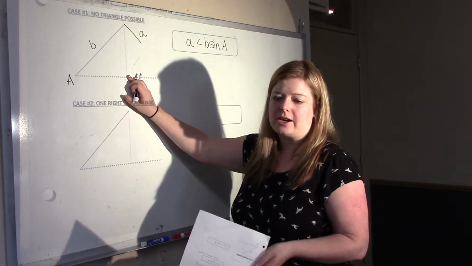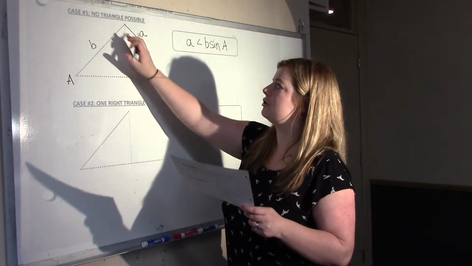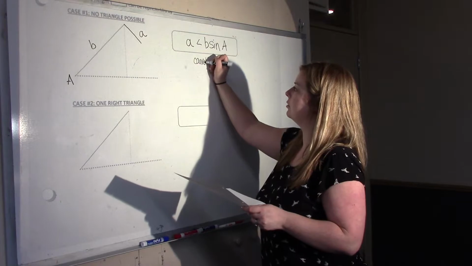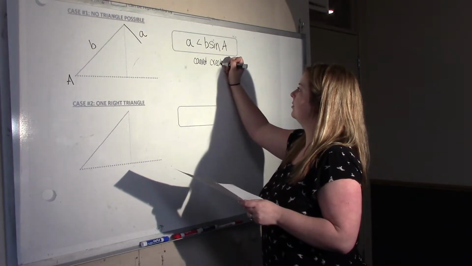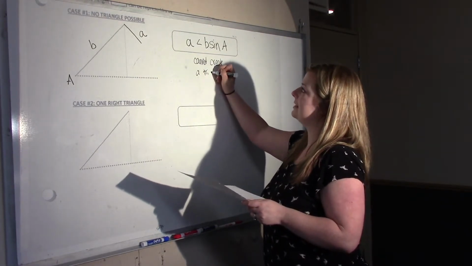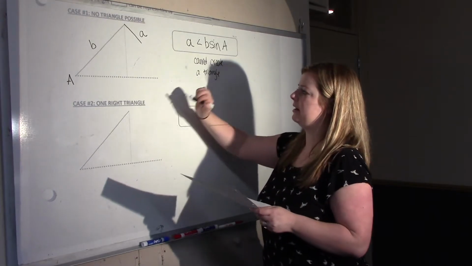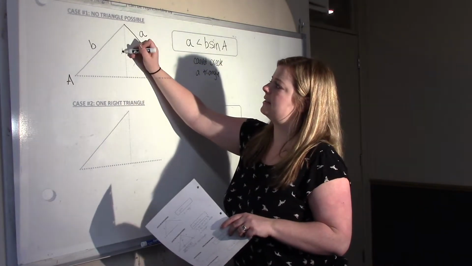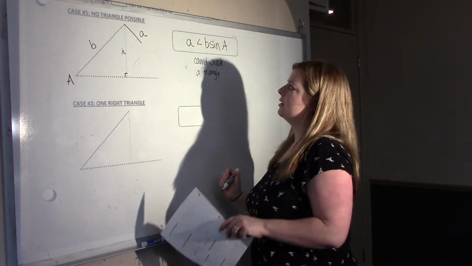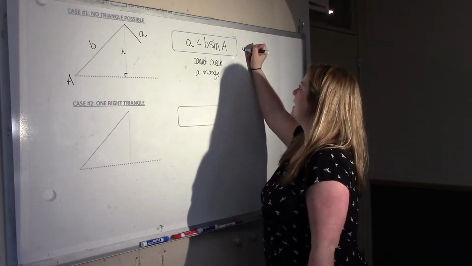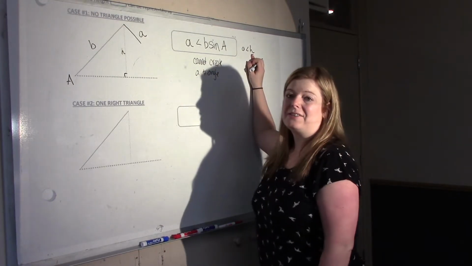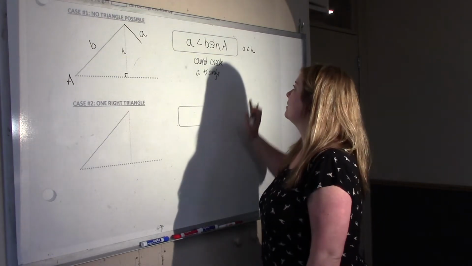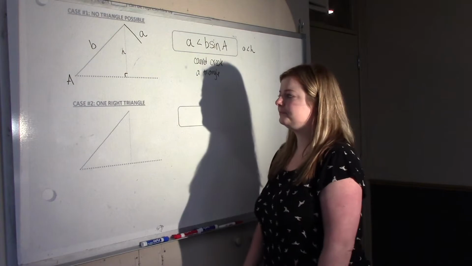You can't create a triangle like that, because A is too short in comparison to angle A and side length B. Given that this is h, really this is saying A is less than h, but you're not given h. You're given B sine A, so you're using B sine A to find h.